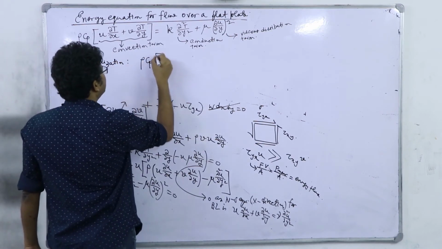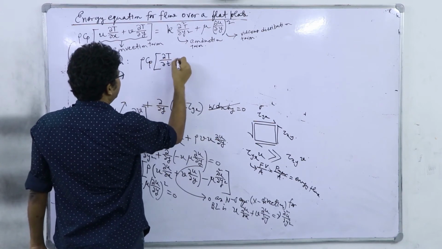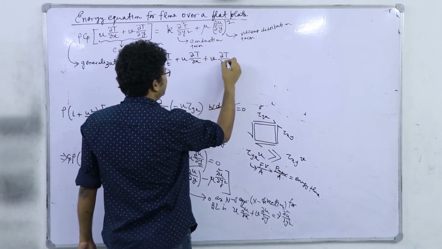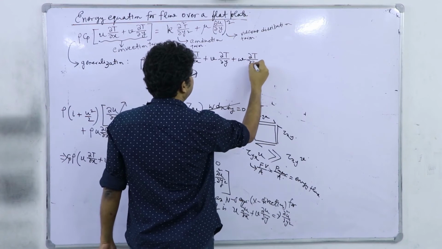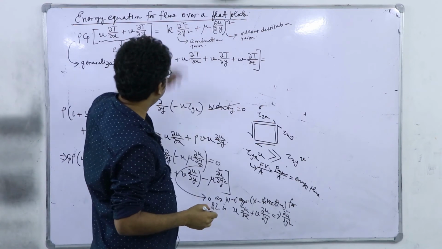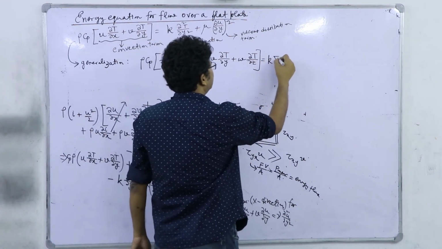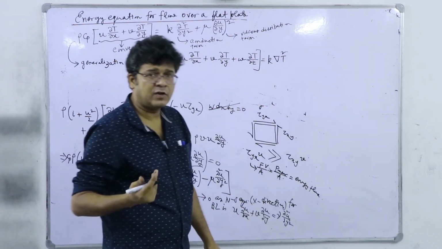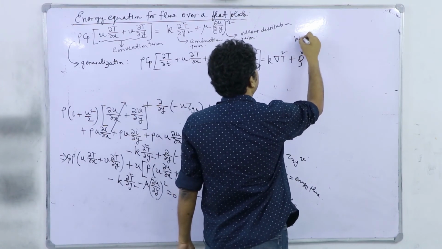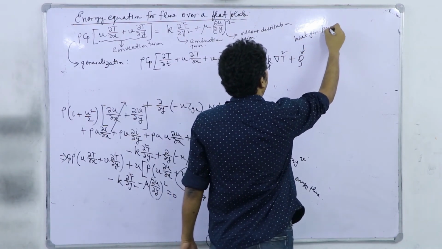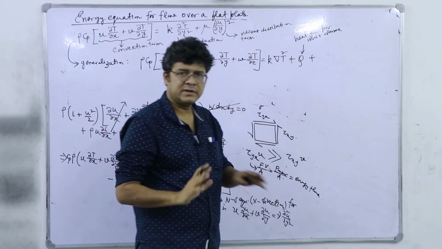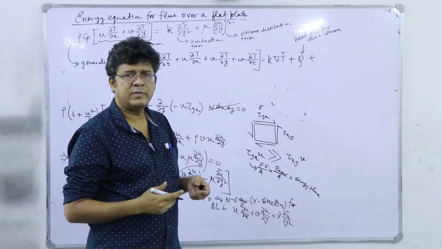So rho Cp, here we can write del t plus u del t del x plus v del t del y plus w del t del z is equal to. Now here, if I have these three directions, we have solved it for conduction. We can have heat generation, so it will be Q. So let's have heat generation per unit volume, right? However, the last term we cannot directly write.